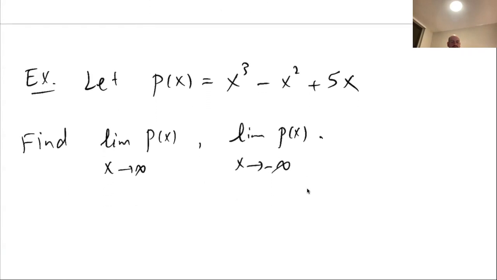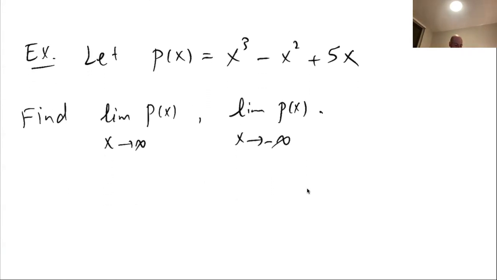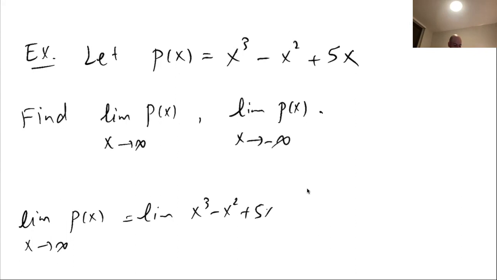Okay, so as x goes to infinity, what happens? The limit of P of x as x goes to infinity means the limit of x cubed minus x squared plus 5x as x goes to infinity. So first you can replace x with infinity to see what happens.